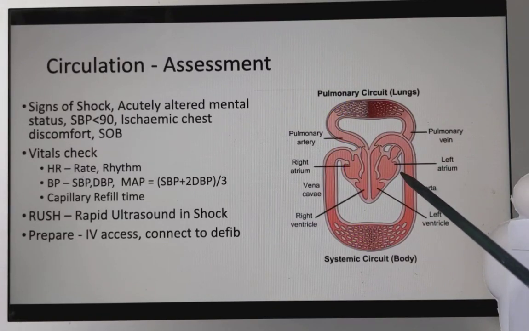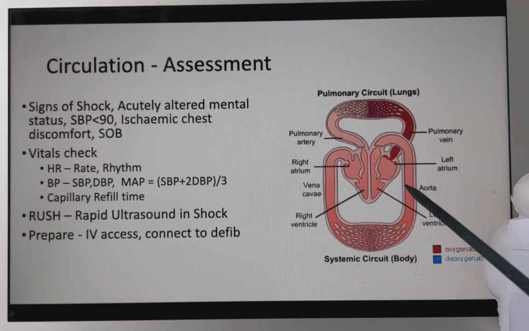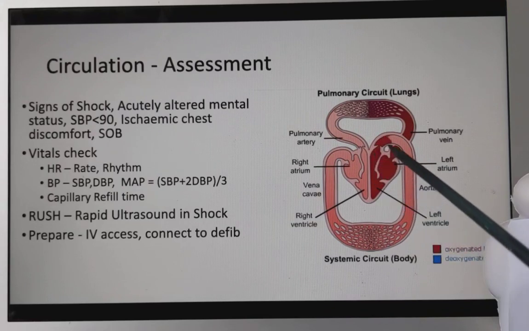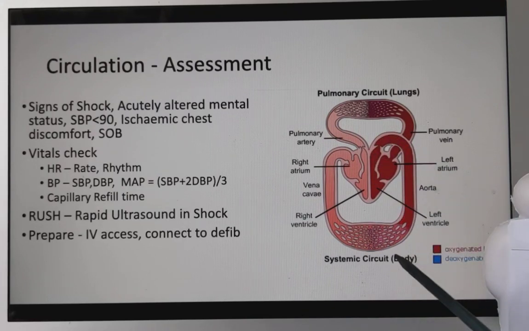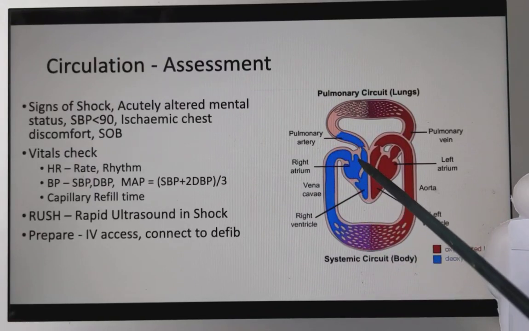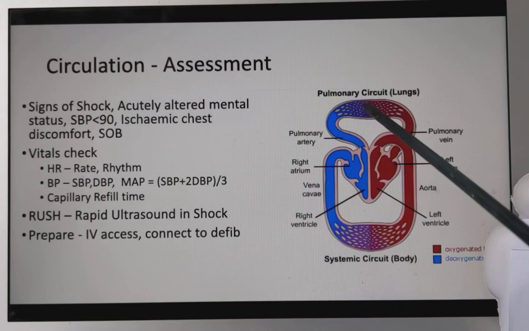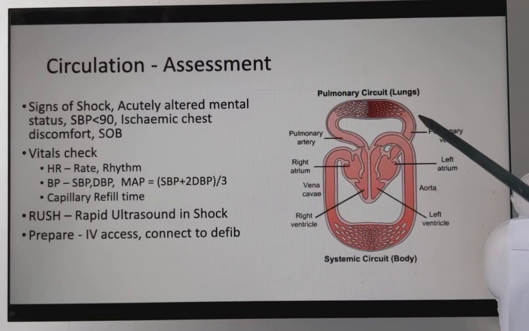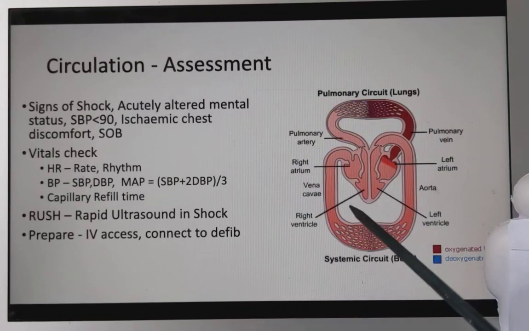So this is how you would imagine the circulation going on in your body. Blood comes into the heart, the left chamber, into the aorta, into the body, where it gives off oxygen. This deoxygenated blood comes into the right side of the heart, into the pulmonary artery, gets oxygenated and comes back.